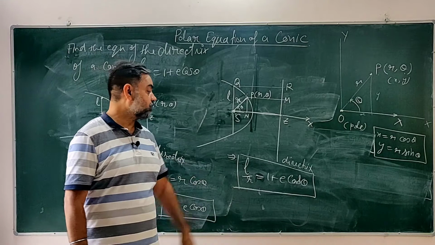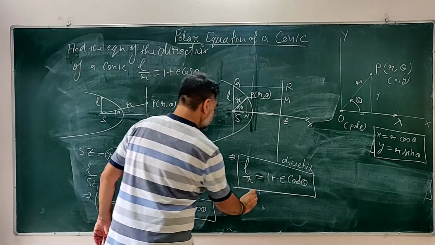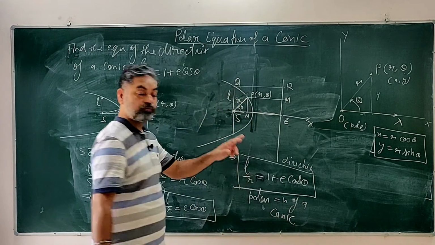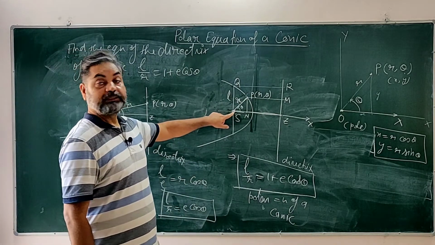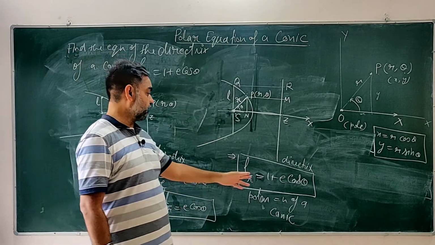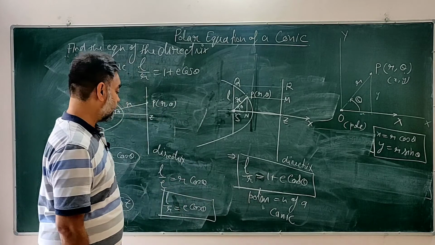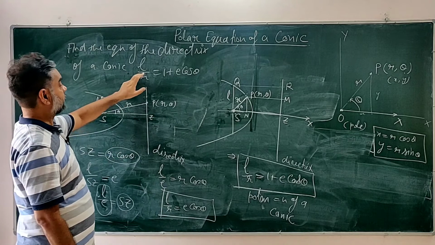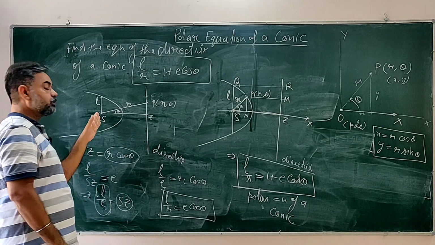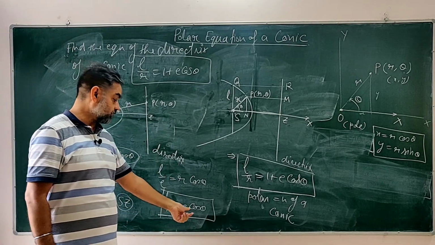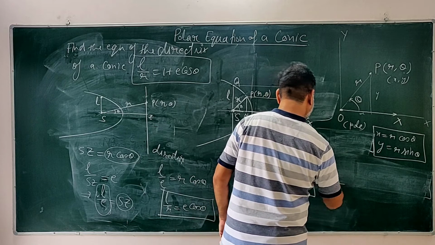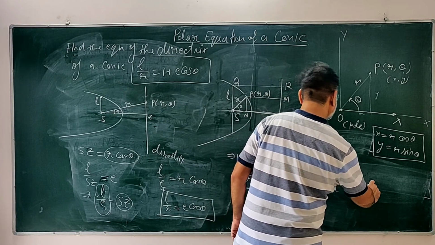If the equation of the conic is L over r is equal to 1 plus e cos theta, this is the polar equation of a conic whose pole is at the focus, then the equation of the directrix which is nearer to the pole would be L over r is equal to e cos theta.